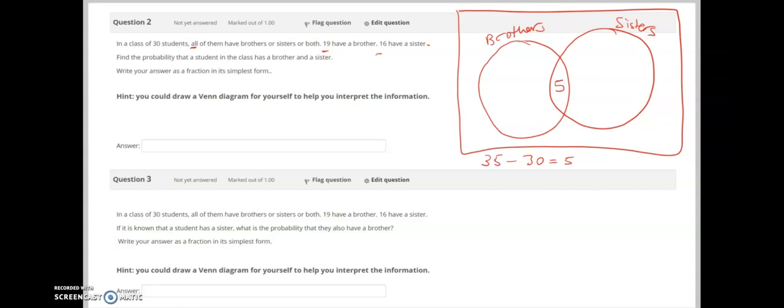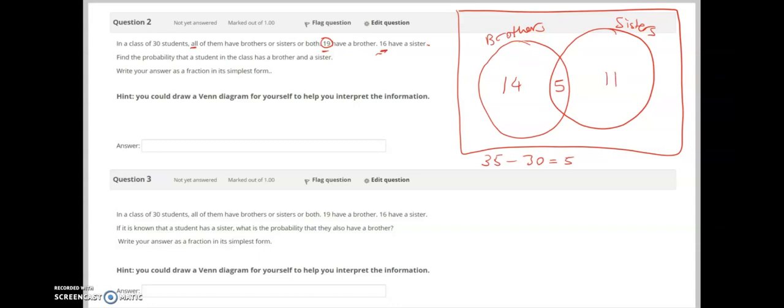So that 5 goes in there. And within the circle for brothers, we'll put 19, take away the 5, because we've counted those 5 already. That gives us 14. And in the other circle, we've got 16. Take away 5, that leaves us with 11.